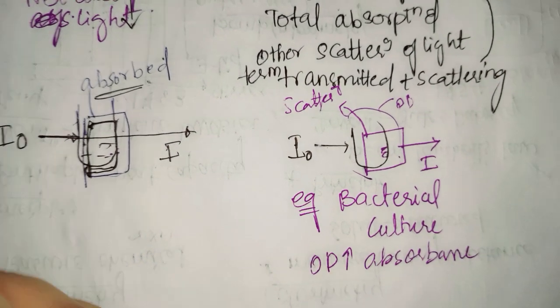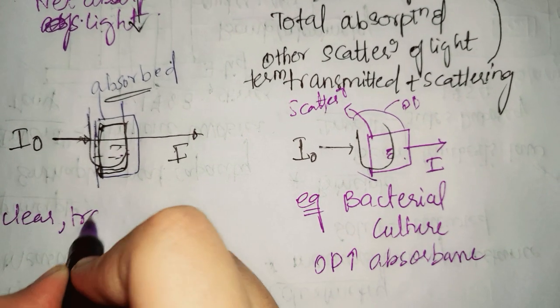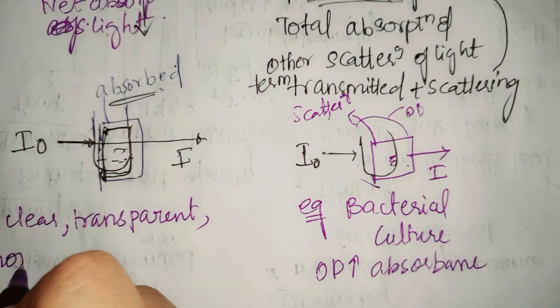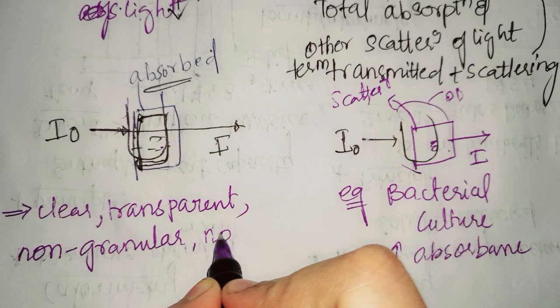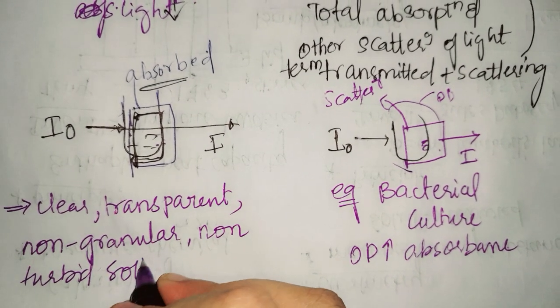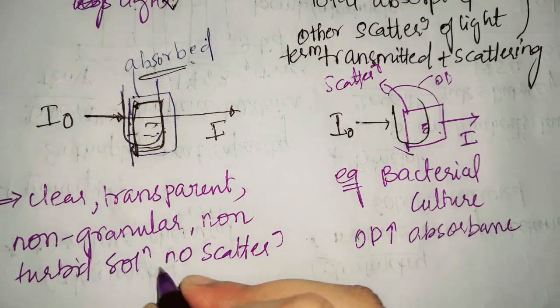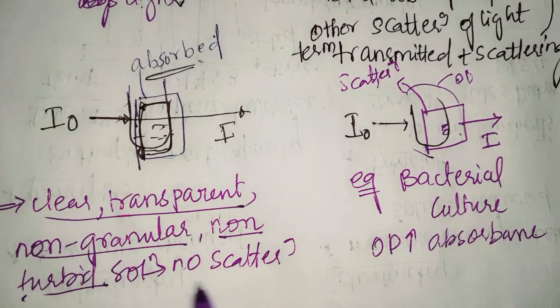And if we talk about absorbance, here we can see clear, transparent, non-granular, or you can say non-turbid solutions will not scatter light. No scattering will be seen. So when the solution is clear, transparent, non-granular and non-turbid, no scattering will be there.